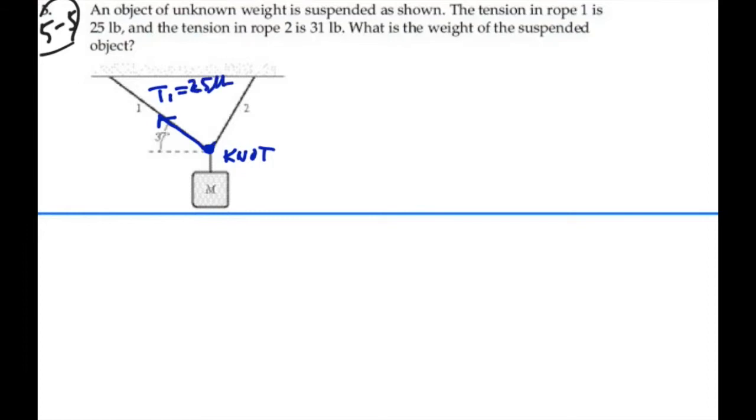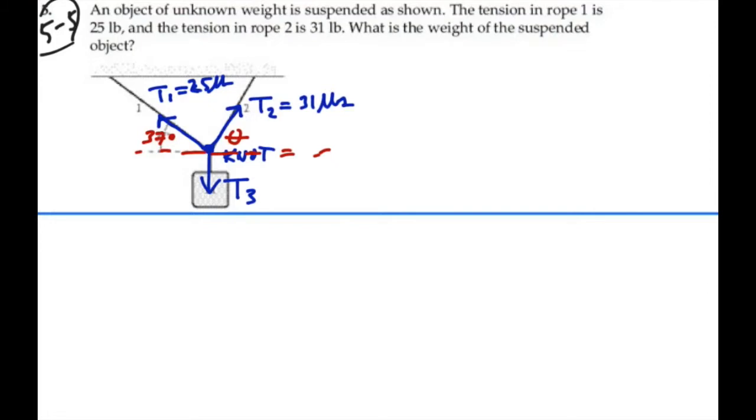And then we have tension 2 pulling up this way at some unknown angle, and that is 31 pounds. This angle over here is 37 degrees. This angle is unknown. Let's call it theta. And then we have tension 3 pulling down like this on the knot, and we don't know what that tension is.